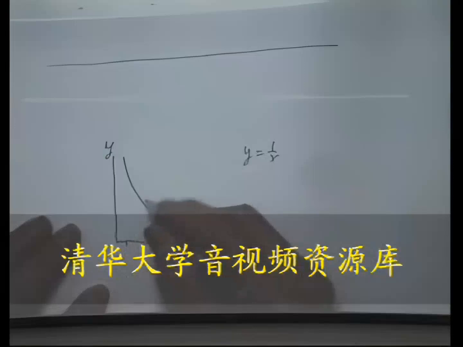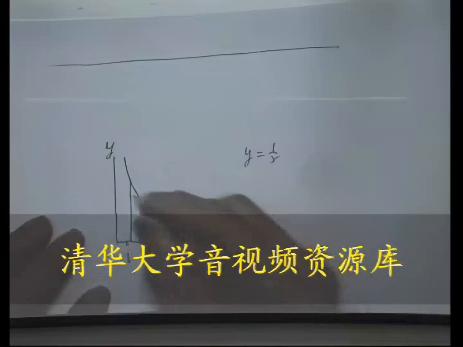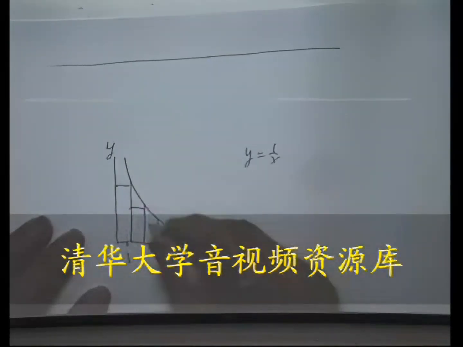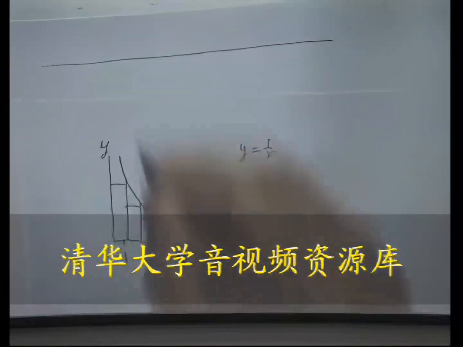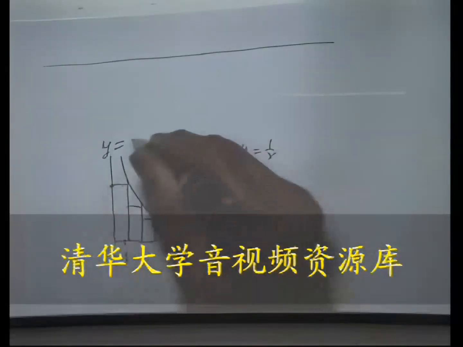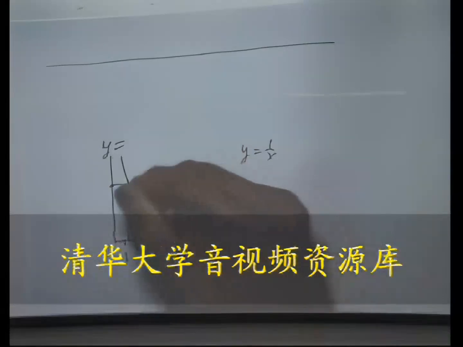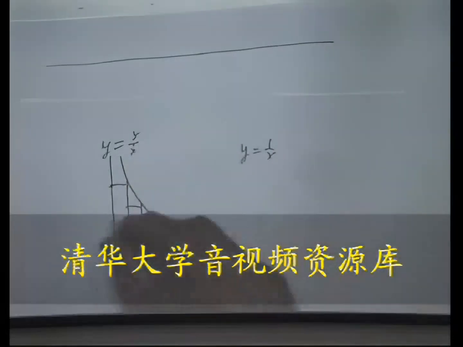I think what he wants to say is, let's say the way that I draw it, this is 5 over x.